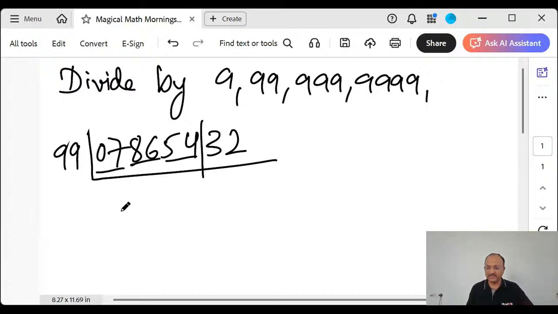Write the numbers by yourself and keep practicing more and more. Okay. You should take the remainder also.